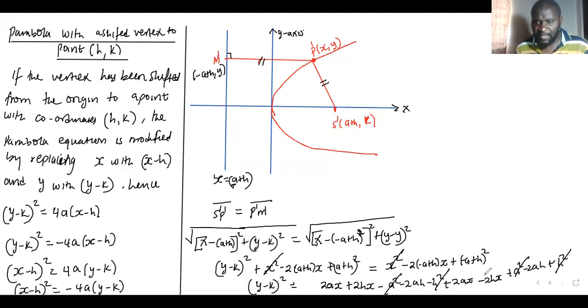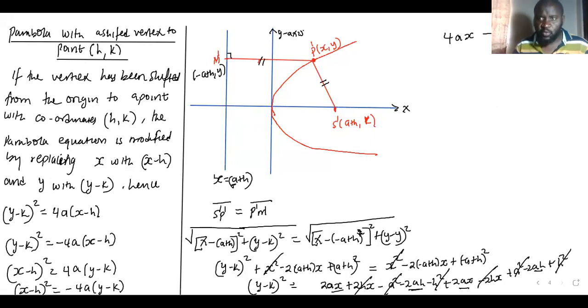So you simplify everything. Look at the 2ax: this 2ax and this 2ax give us 4ax, minus 4ah, because this one can be added to this one, while this one can be subtracted with that one.